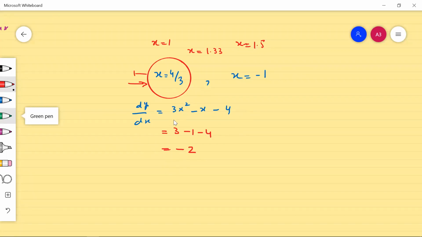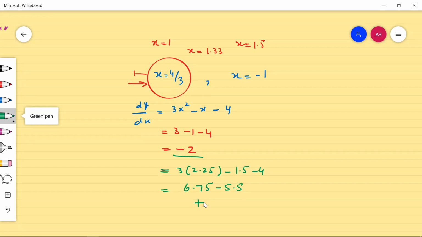And then put 1.5. 1.5 square is 2.25, so 3 times 2.25 is 6.75, then minus 1.5 and minus 4, and this would become 1.25.